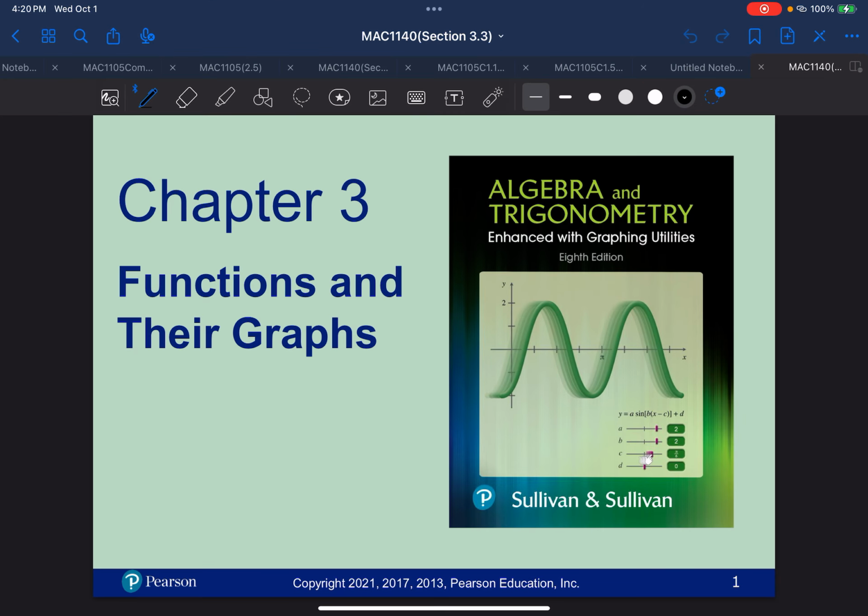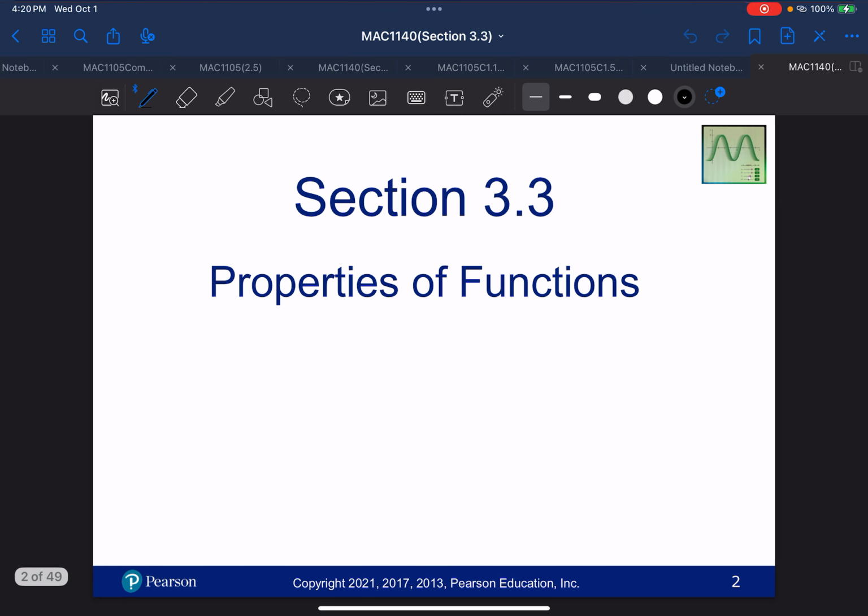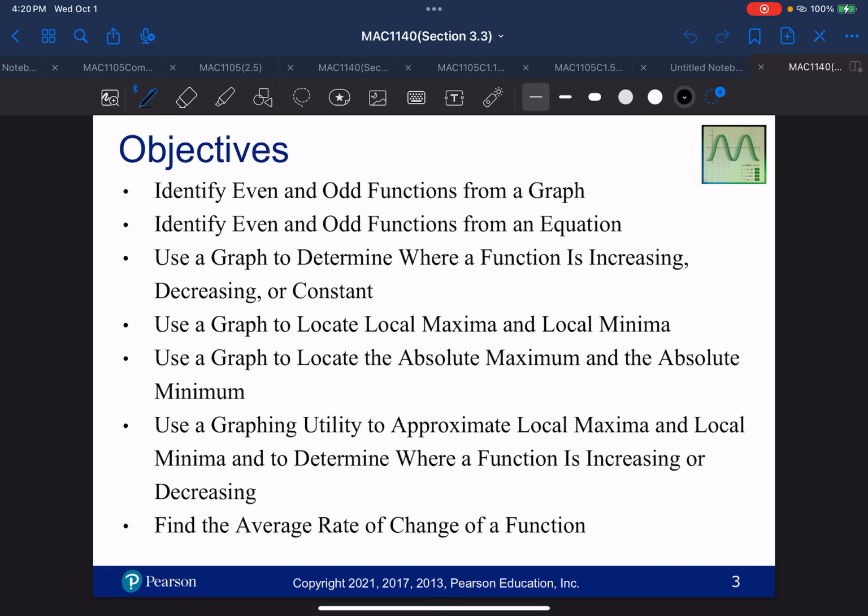Okay. So in this section, section 3.3, we're going to be talking more about functions and their graphs and properties of functions. We're going to be talking about even and odd functions and how to determine whether they're even or odd. We're going to talk about determining increasing, decreasing, or constant intervals of a function.